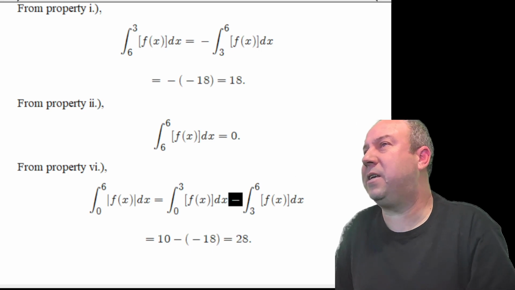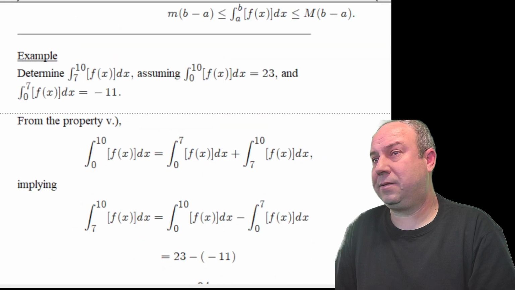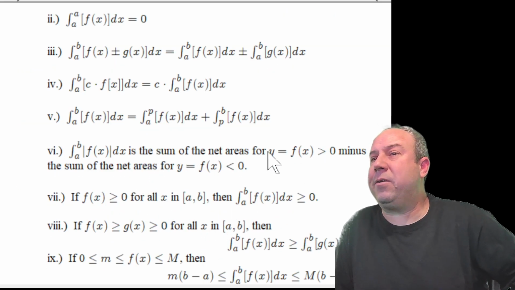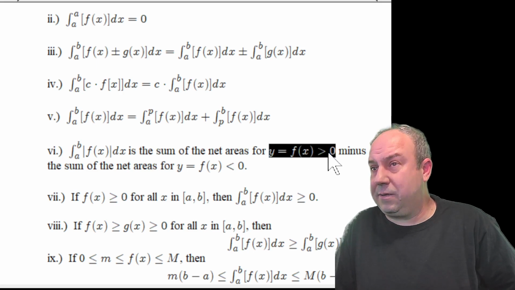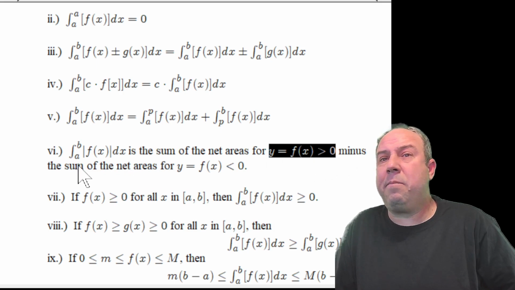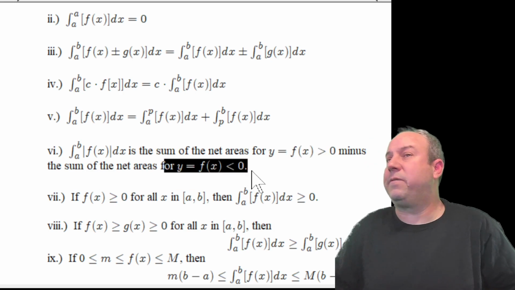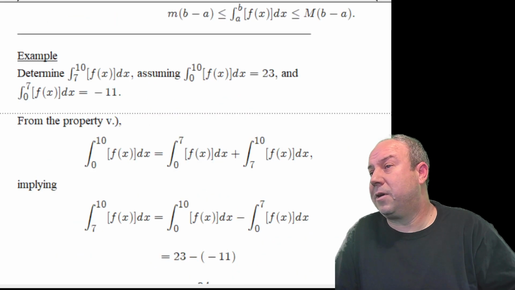Remember, the rule says it's going to be minus. It's the sum of the net areas for y equal to f of x greater than 0. All right? For the area that forms above, minus the sum of the net areas for the regions that form below the x-axis. All right?